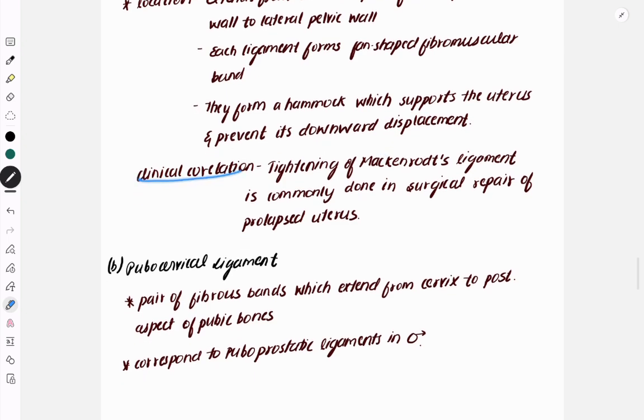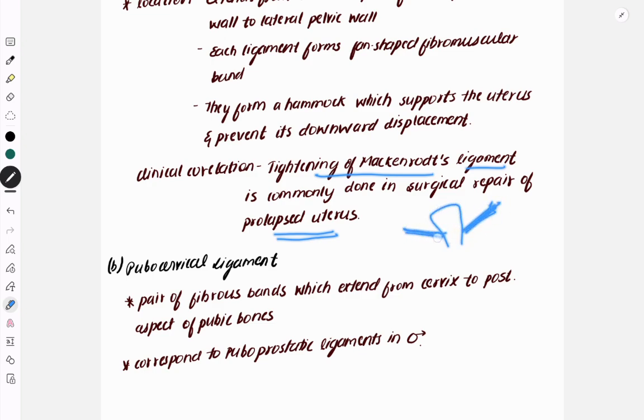Clinical correlation: there is a condition called prolapsed uterus, where the uterus goes down from its normal position. It does not stay in the lower pelvic cavity, it descends downwards, and that is called uterine prolapse. In case of uterine prolapse, we tighten the McEnroe's ligament, since sometimes it can be because of the loosening of the McEnroe's ligament.